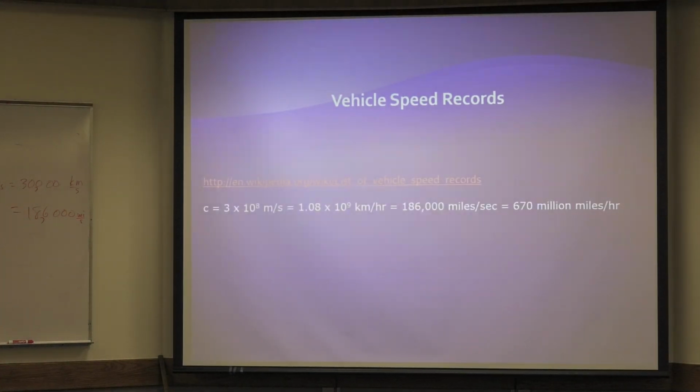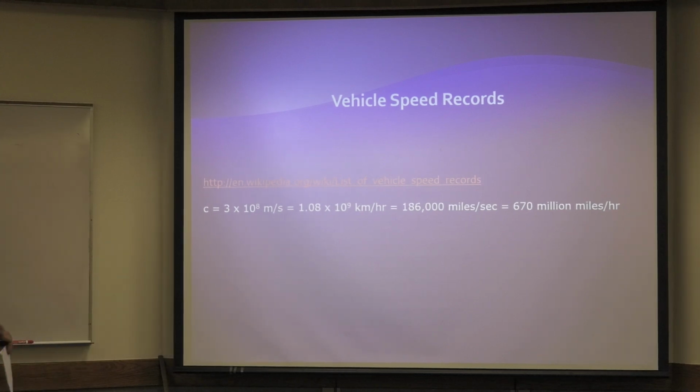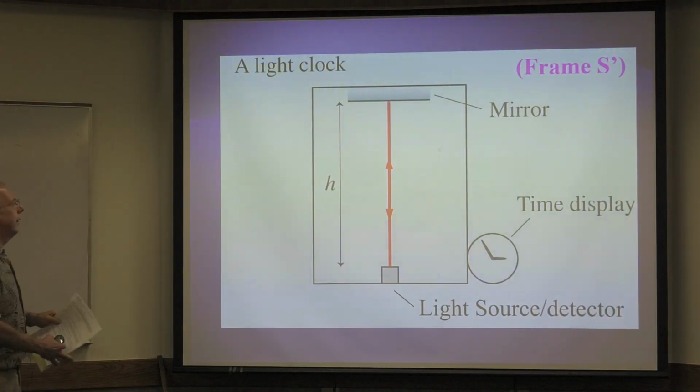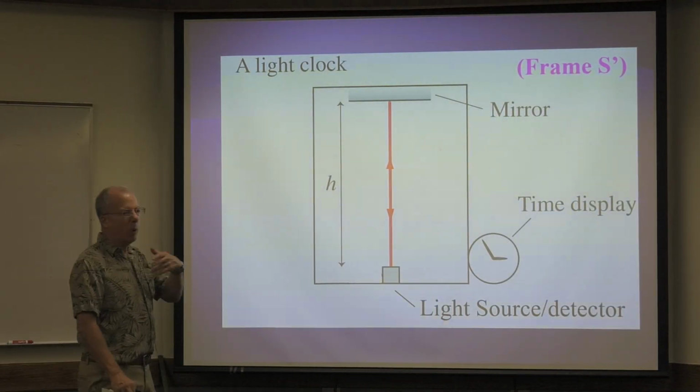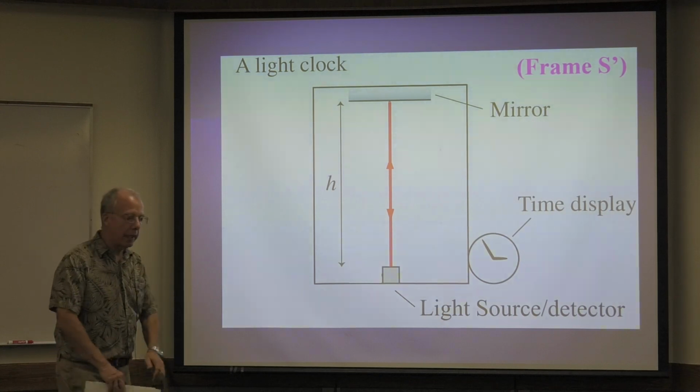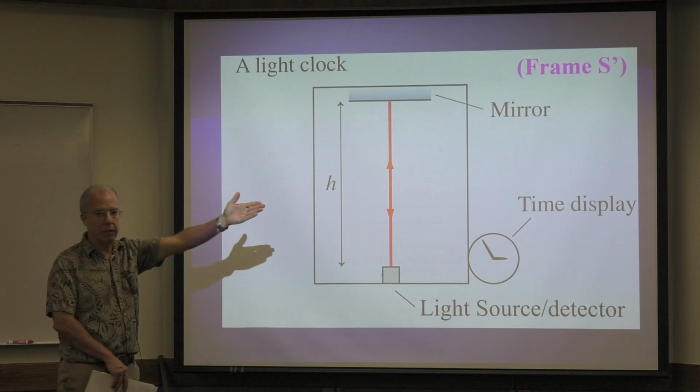Now we want to get the equations. We want to actually figure out the equations that relate the two times. And it's just algebra, believe it or not. So this is the Mort and Velma thing. Mort's standing on the Earth. Velma's going by. Velma is moving relative to Mort.